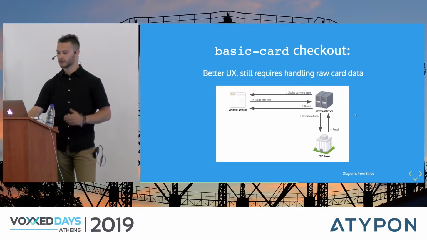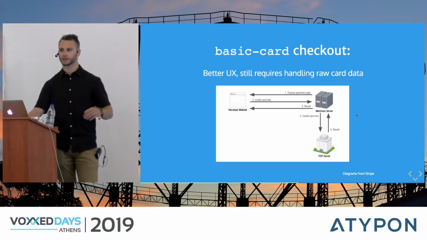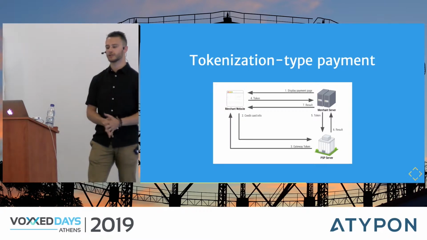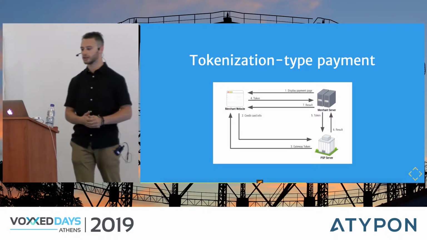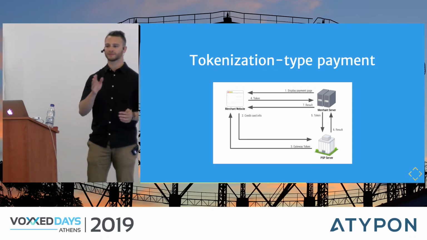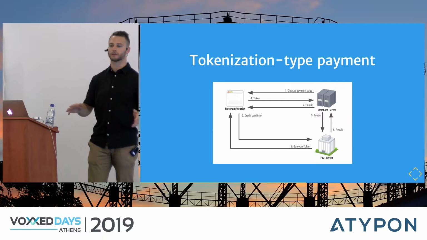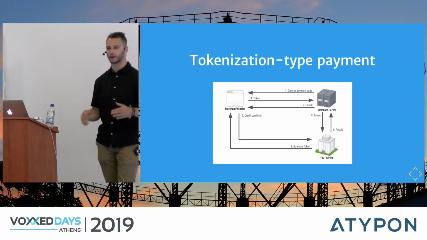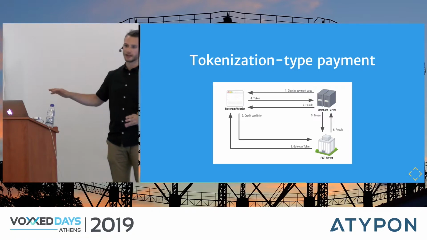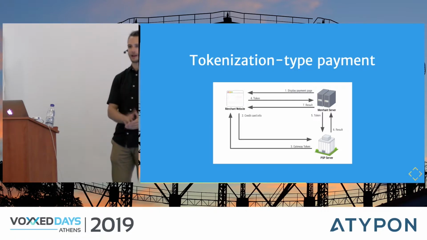I'll go over two other methods for making purchases and payments online. This is what's referred to as the tokenization type. In this case, you're going to be collecting the credit card information on a website, sending it to a payment processor like Stripe or Square or PayPal directly from the client, and then that payment processor will give the client back a token.